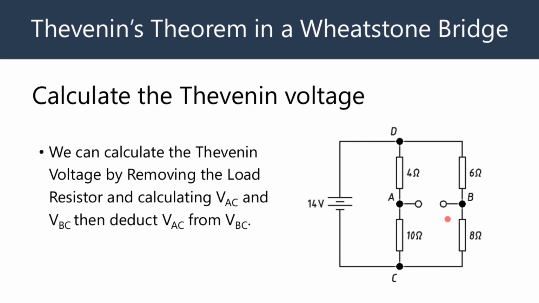Does it make sense? So we first calculate the voltage drop VAC over the 10 ohm, then the voltage drop BC over the 8 ohm. I deduct the one from the other to get my voltage there, BC.